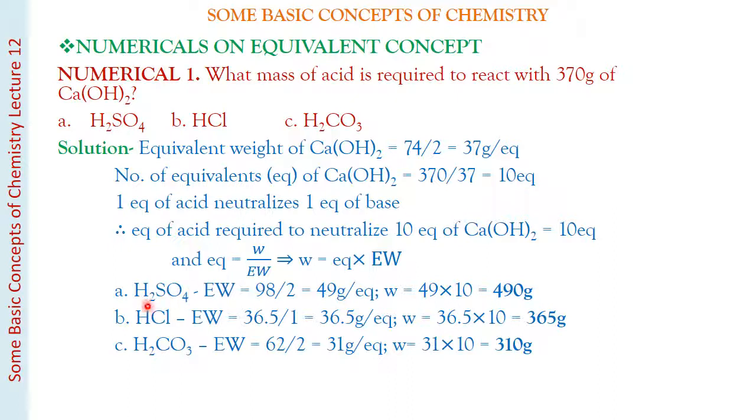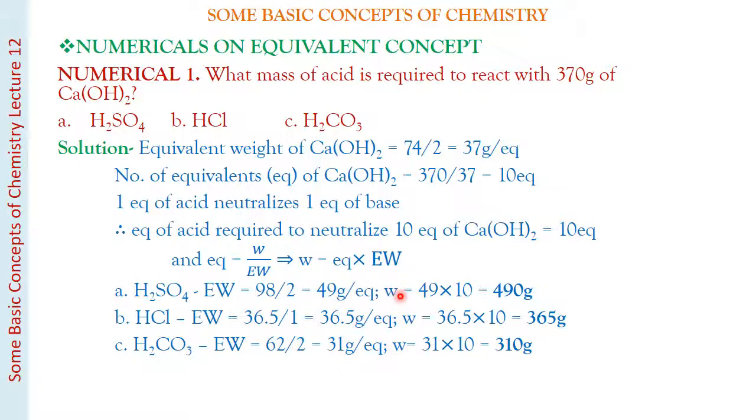So now simply for H2SO4, HCl and H2CO3, write down the equivalent weights. H2SO4 is 98 divided by the Z factor 2, HCl is 36.5, the molecular mass, divided by the Z factor 1, and carbonic acid is again the molecular mass 62 divided by the Z factor 2. So you get the equivalent weights to be 49, 36.5 and 31 grams per equivalent.